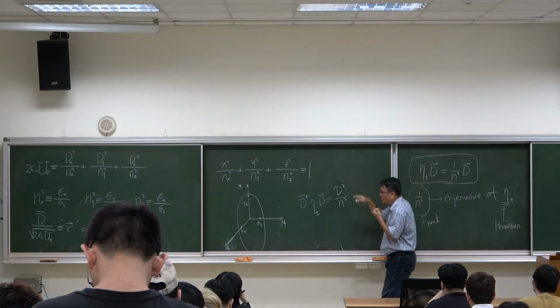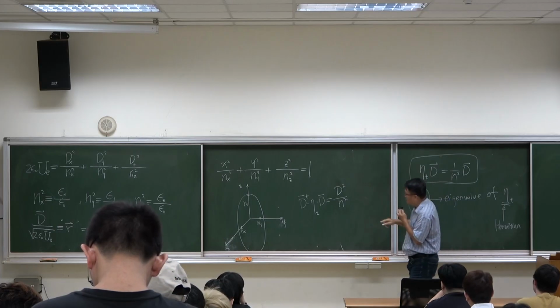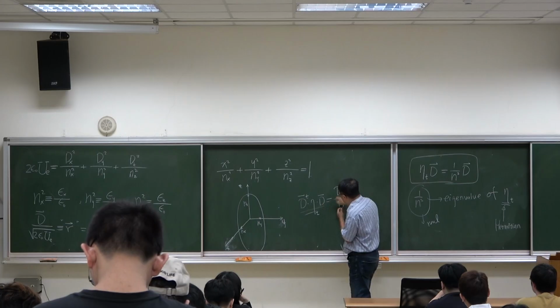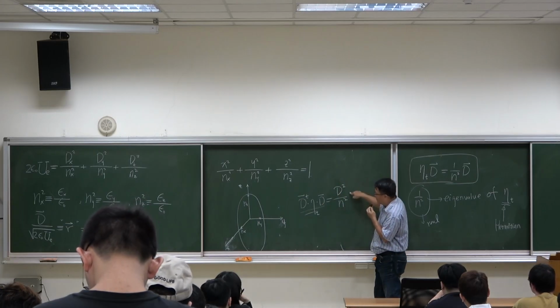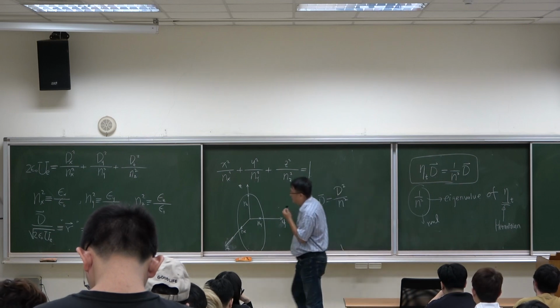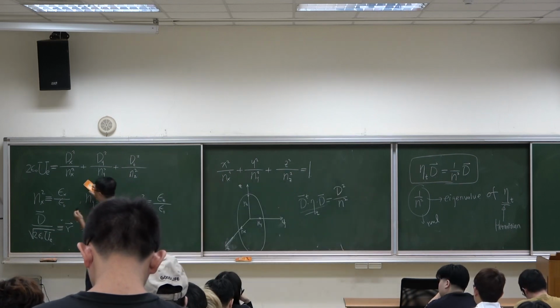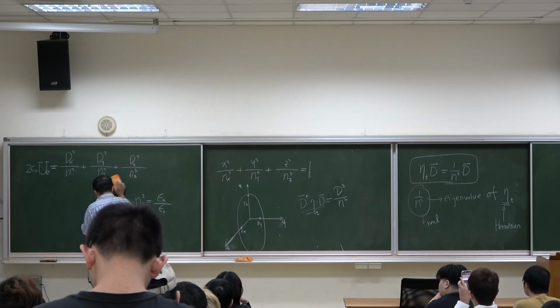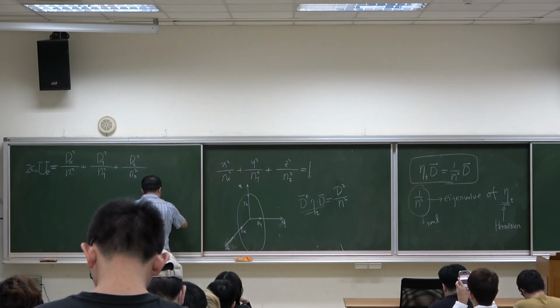啊，内积这个 d 的话，你看看会得到一个什么东西？右边是 d square over n square。可是 d square over n square 究竟是什么？好，我们来看一下。So now we discuss what is d square over n square.